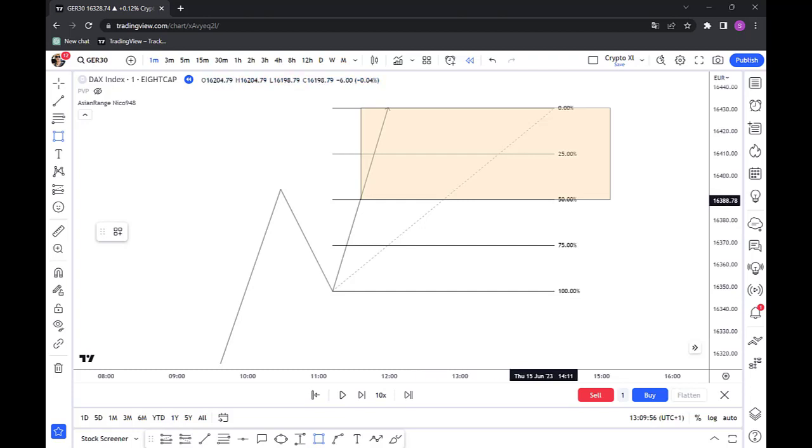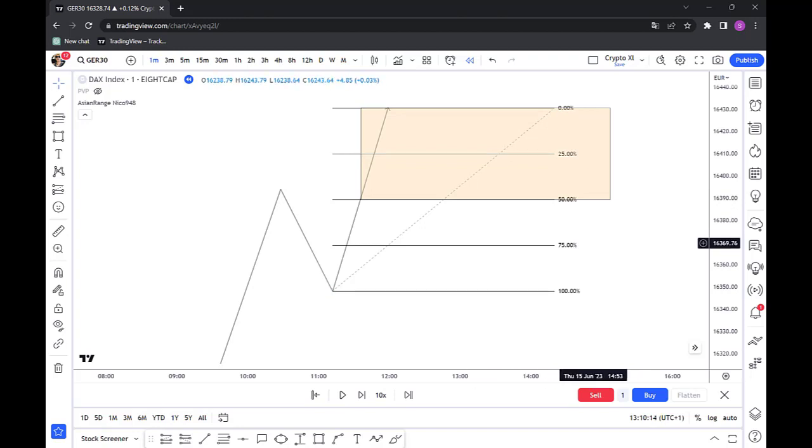The market moves in algorithms. As you can see here, I marked 0, 25, 50, 75 and 100. Those are quarters, because the market moves with algorithms. Those who control the market use algorithms, and the algorithm is based on quarters.